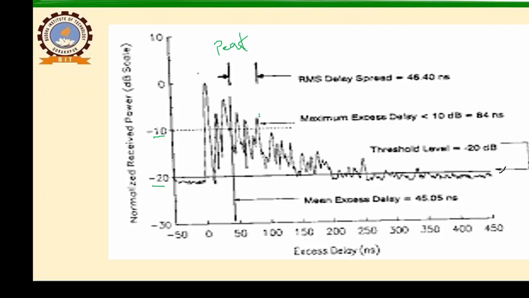It is the last peak, after that it goes down. So the positive peaks from this minus 10 dB, starting from the second peak to the last peak: the duration between this second peak and the last peak of the second threshold is known as the RMS delay spread.